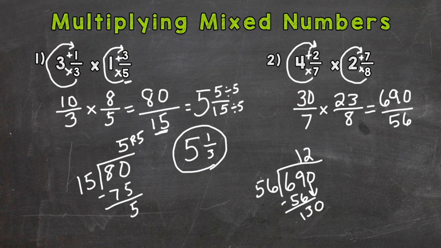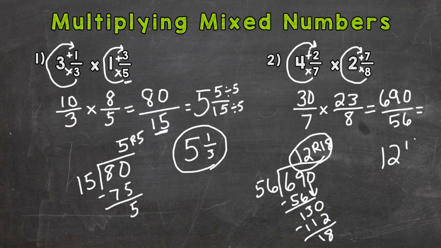That gives me 112 with a remainder of 18. So an answer of 12, remainder 18. So that means 12 whole 56s can be pulled from 690, remainder 18, keep my denominator of 56.